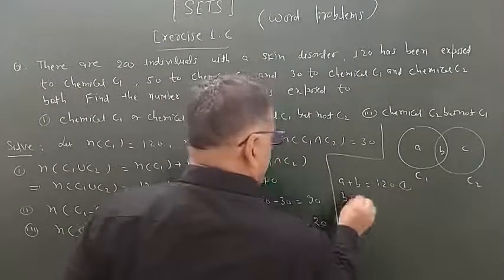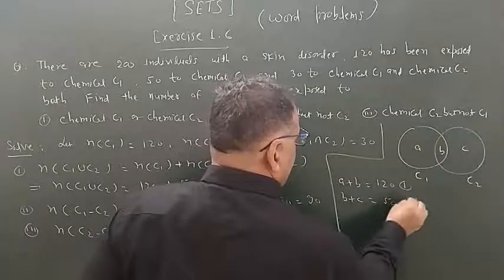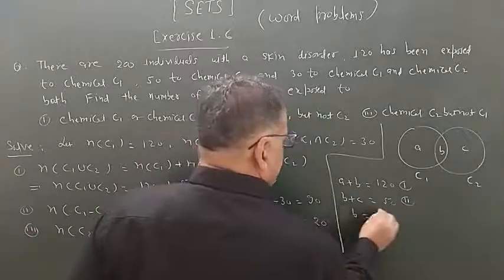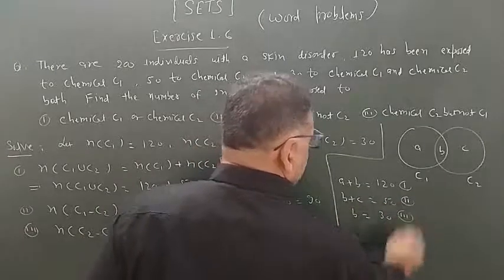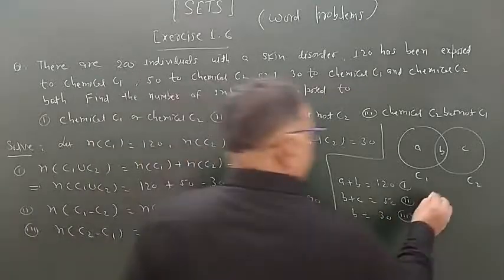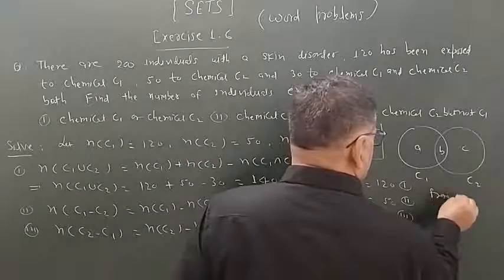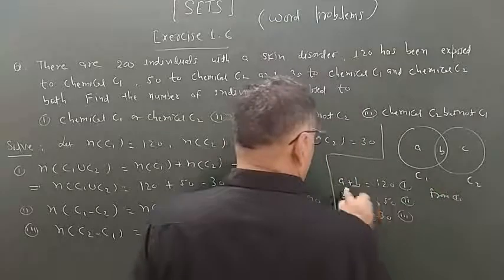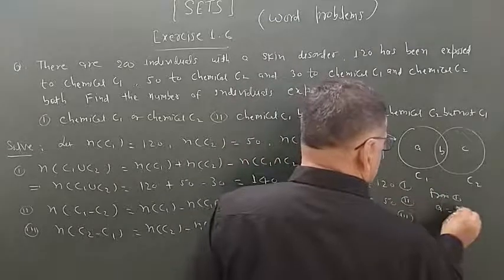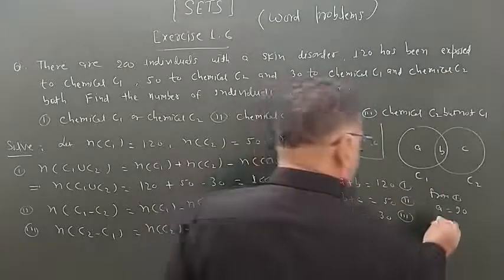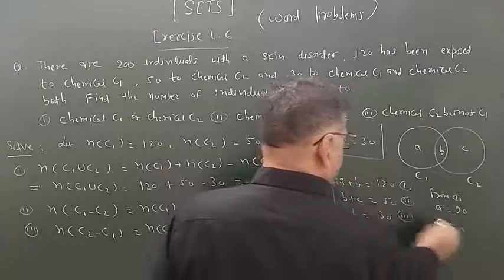B plus C is given, 50. B is given here, 30, the common elements. From the first, B is 30, so A is 90. C is 20.